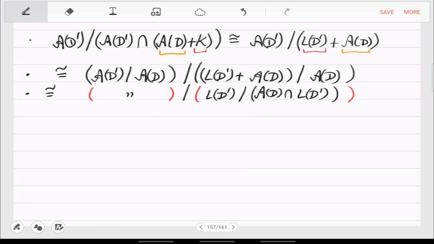Right? This is clear. In the modulus, you can again do LD prime mod intersection with AD, and now you are looking at functions in LD prime which are of the type AD. So you are not looking at ADL, you are actually looking at functions where plus D prime and plus D both are greater than or equal to 0. Which basically means that this is just LD.